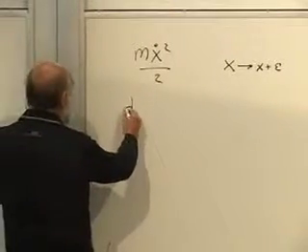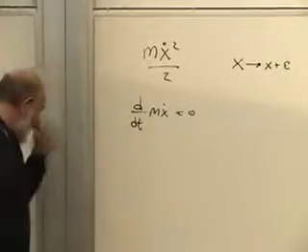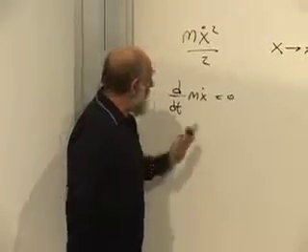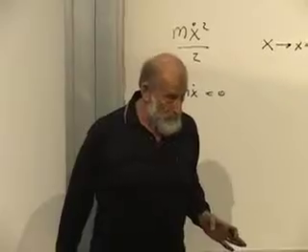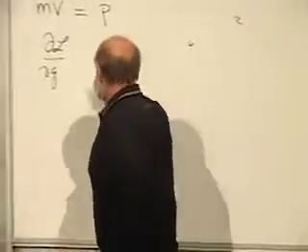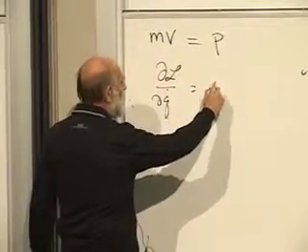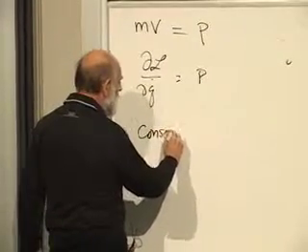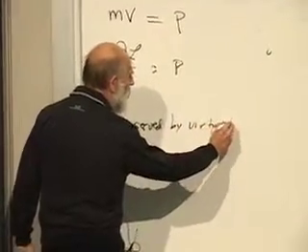Basically, it's just the Lagrangian equation that d by dt of m x dot is equal to 0. All right. So momentum is a special case of a conserved quantity which is conserved by virtue of a symmetry. So that's another aspect of momentum, conserved sometimes by virtue of a symmetry.